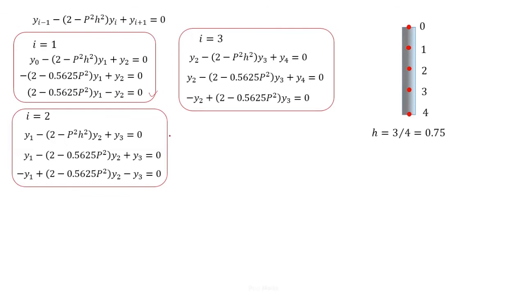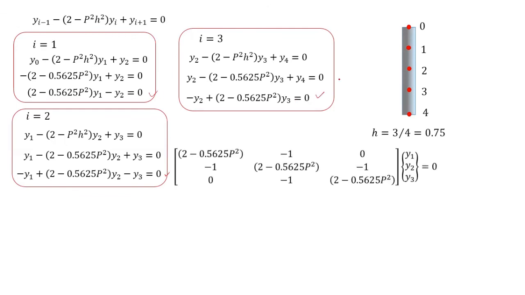These three equations can be represented in a compact form using a matrix. In matrix form, this equation is written as follows, and by setting the determinant equal to 0, we will get (2 minus 0.5625 p square) whole cube minus 2 times (2 minus 0.5625 p square) is equal to 0.